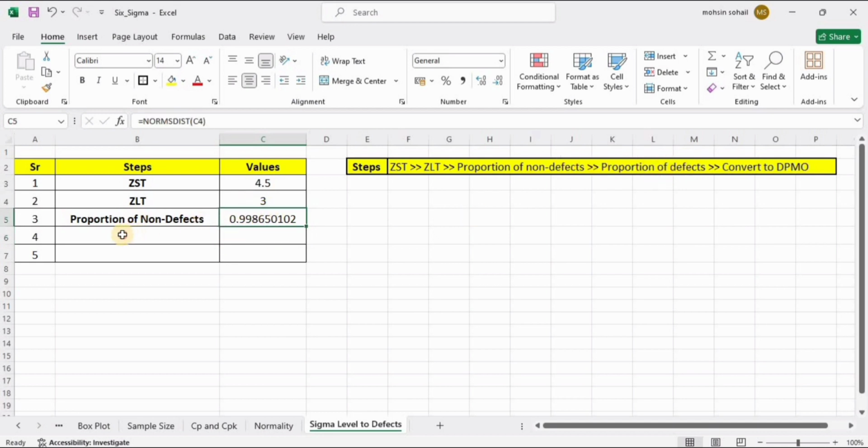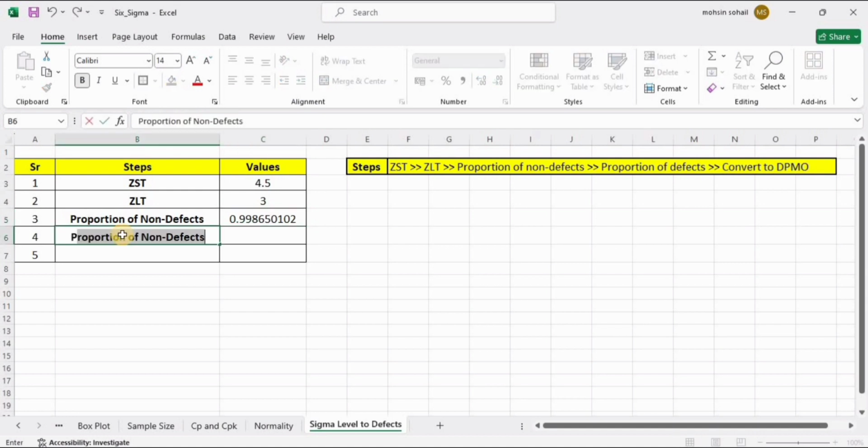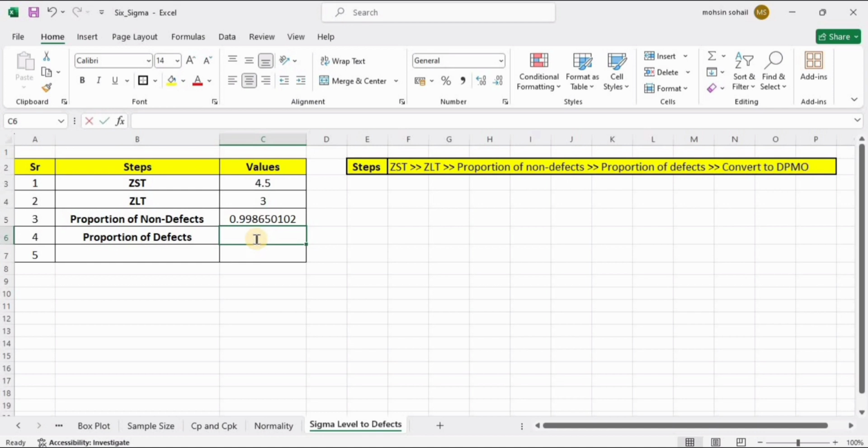These items have no defects, and from this we can easily find the proportion of defective items. Simply type equal 1 minus this value, the proportion of non-defects. Press enter, and here we have the proportion of defects. From this value we can easily calculate DPMO.